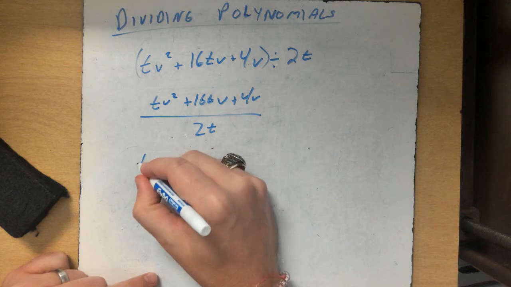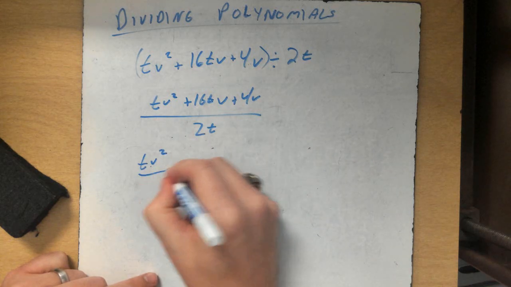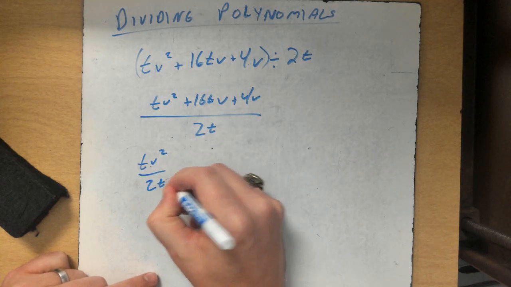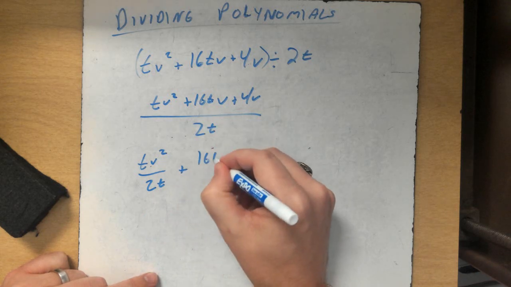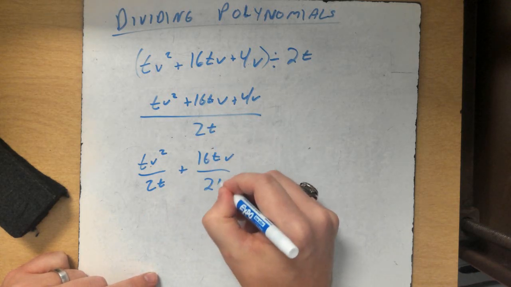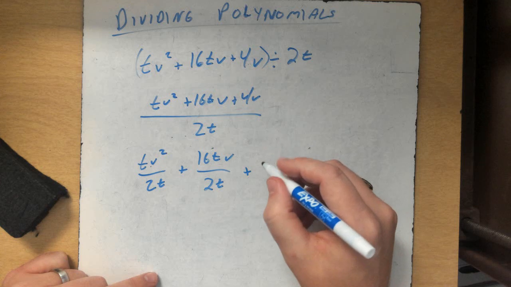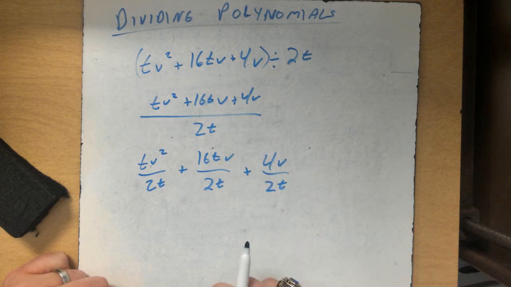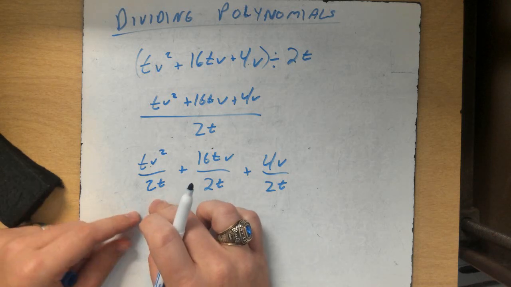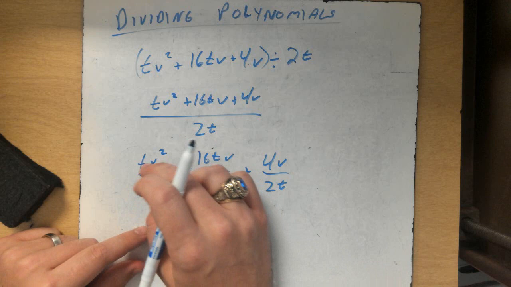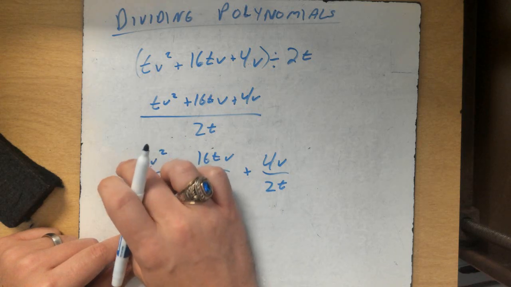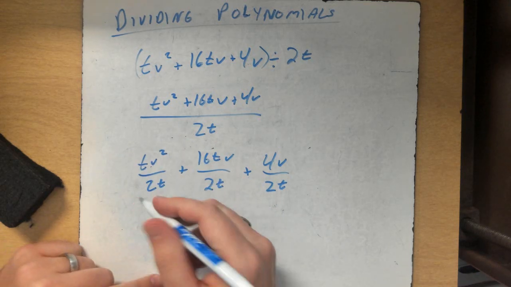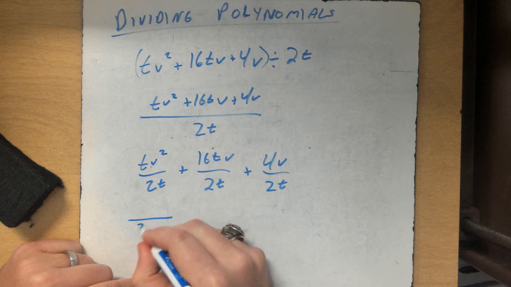So we have tv squared over 2t plus 16tv over 2t plus 4v over 2t. Okay, so let's go through one by one. All right, first here we have no big number on top of a 2 on the bottom, so we know right away we're going to have this 2 on the bottom here.